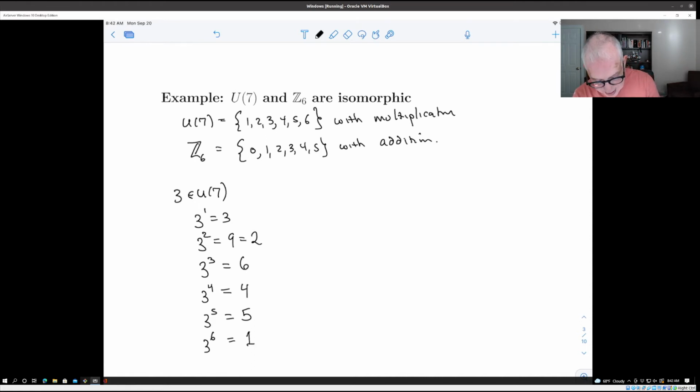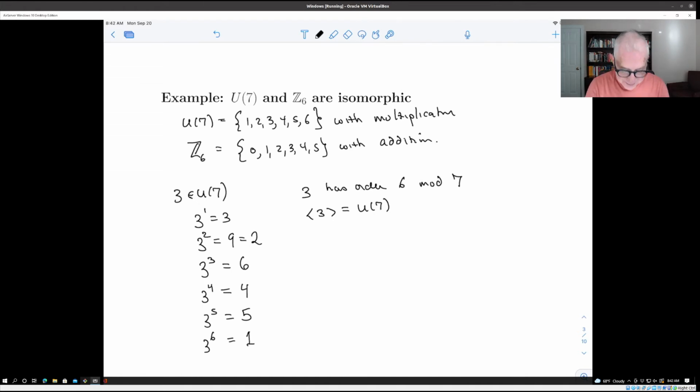In other words, 3 has order 6 mod 7, and the group U of 7 is cyclic, and it's generated by 3. Remember that means that every element arises as a power of 3.